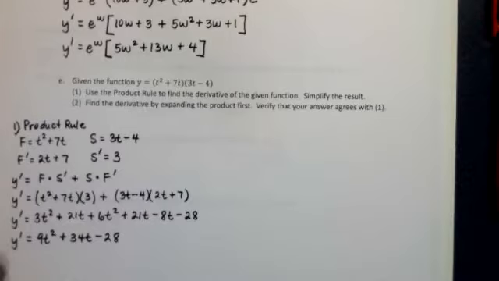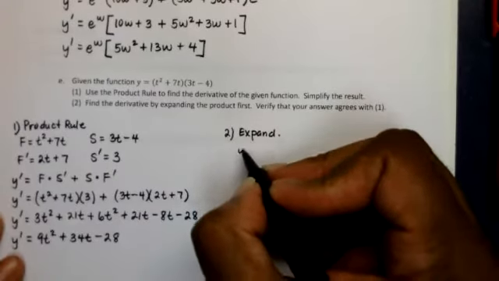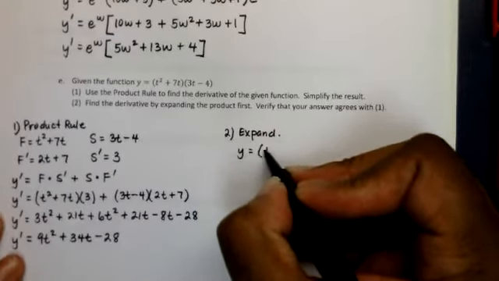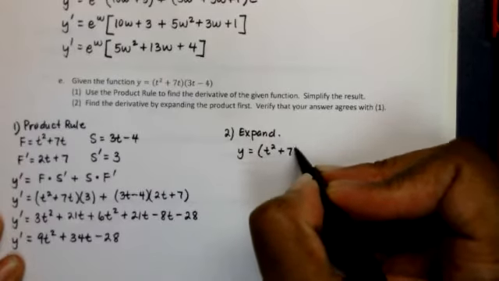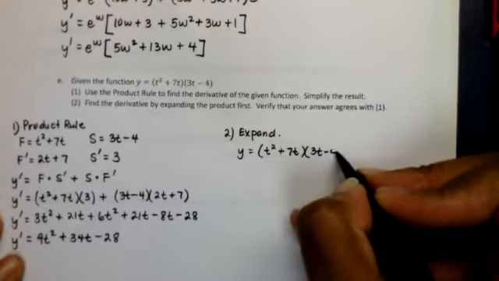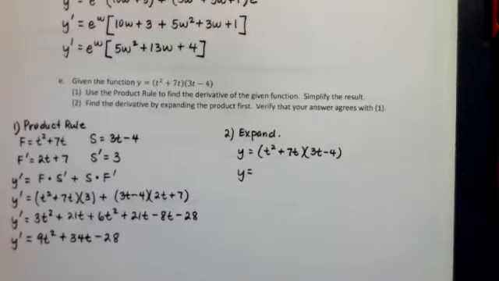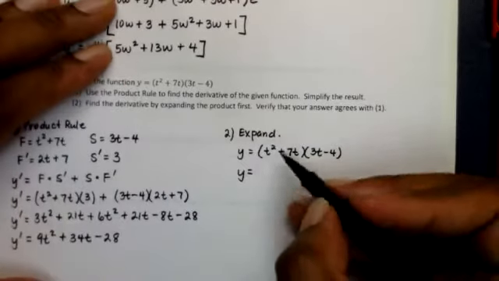The second is expanding this. So y is equal to t squared plus 7t times 3t minus 4. If I was to expand this, multiply this out, and then take the derivative of that function, here's what I have.